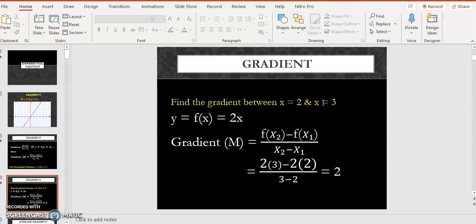Here, this is my x1 and this is my x2. Then my x is 3 minus the same 2, my x is 2, divided by 3 minus 2. If you press on the calculator, let's see what you are going to have.